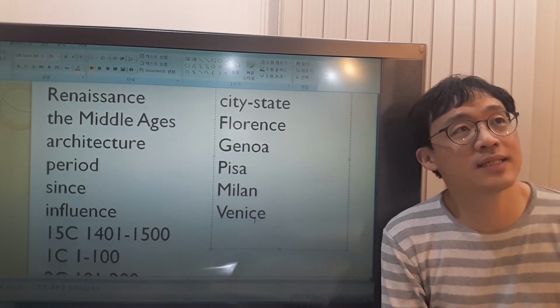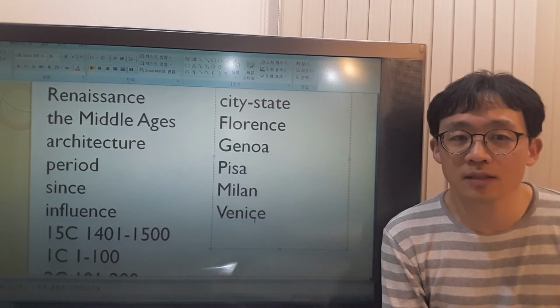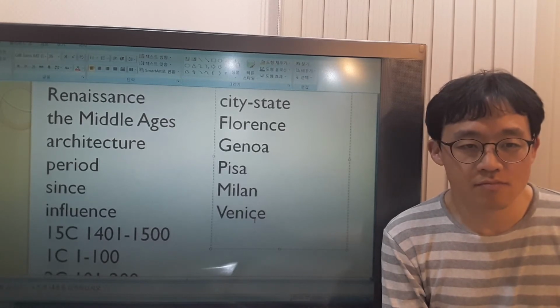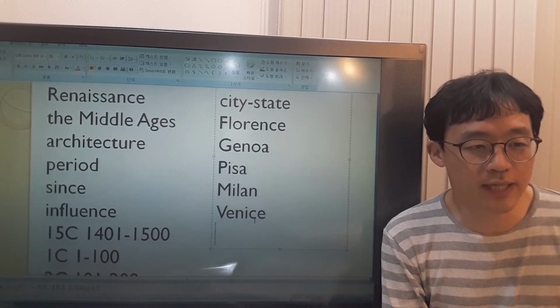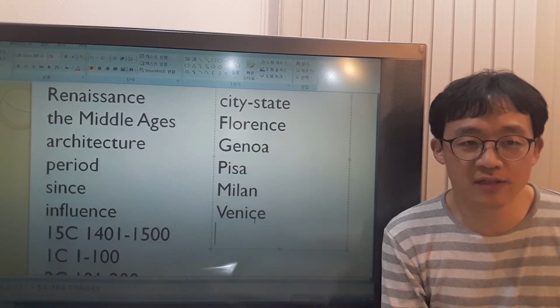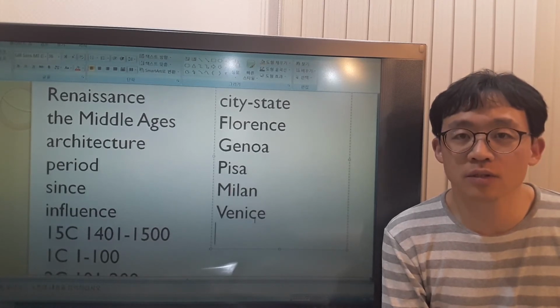So you have to understand that Italy, in the Middle Ages, didn't have that much of that feudal system.